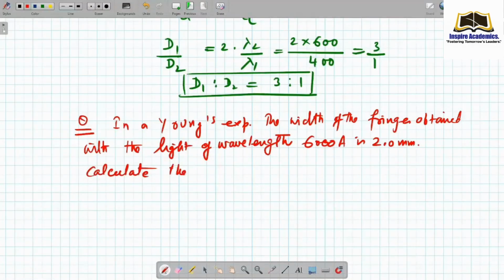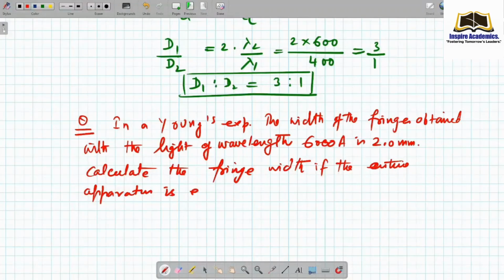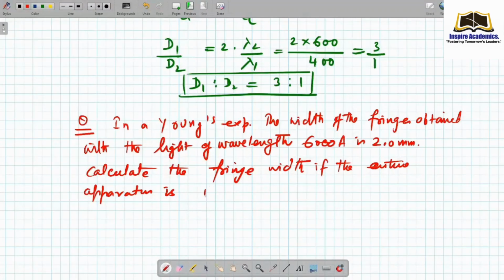Calculate the fringe width if the entire apparatus is immersed in a liquid of refractive index 1.33.